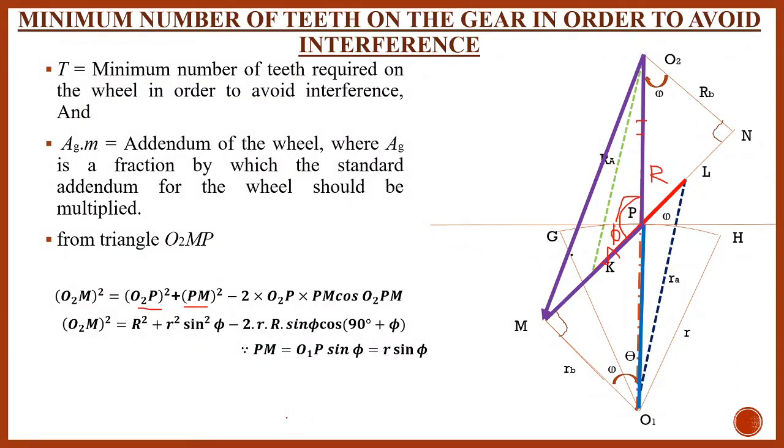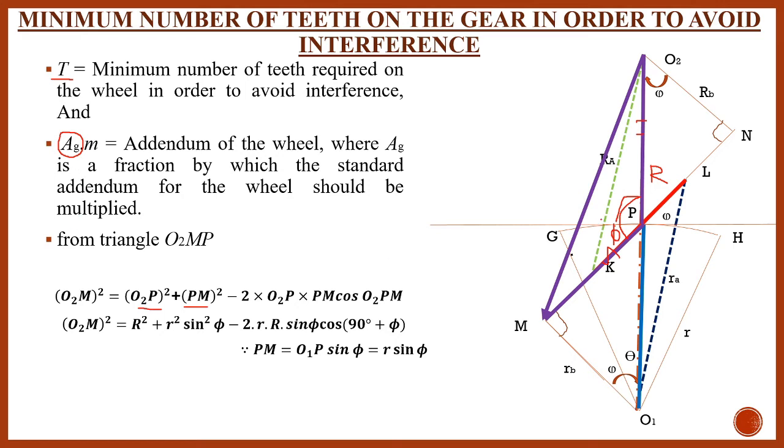Now let us see the minimum number of teeth on the gear to avoid the interference. Here, capital T is the minimum number of teeth on gear to avoid the interference. Again, Ag is the fraction which is multiplied by the module to get the addendum. Addendum is equal to addendum circle radius minus pitch circle radius.